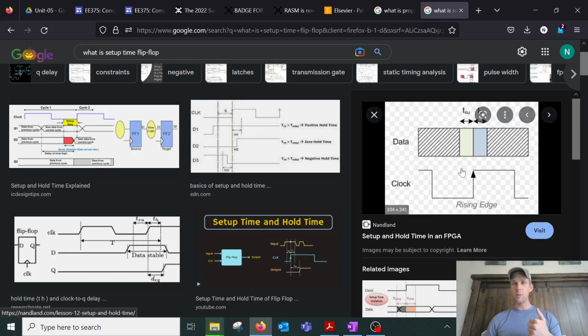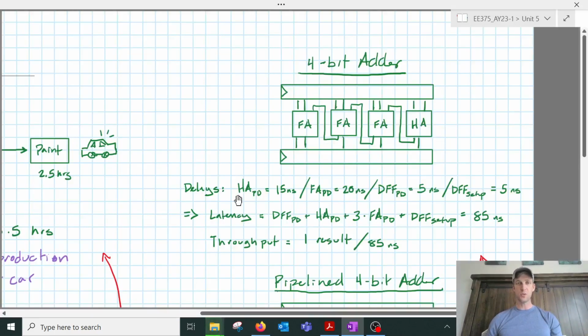And then for my flip-flops, I also have to worry about setup time. This was the window right in front of my clock edge when my signal could not change. Otherwise, my flip-flop might go into undefined behavior.